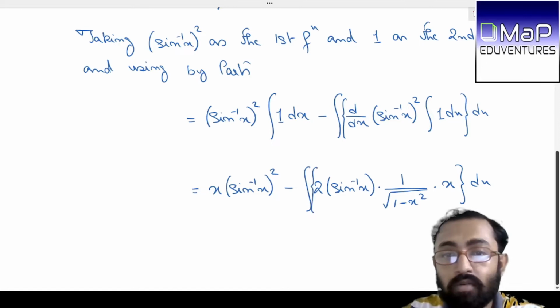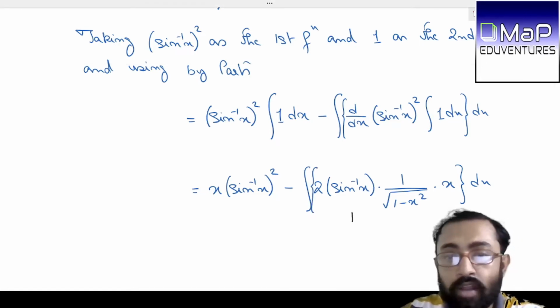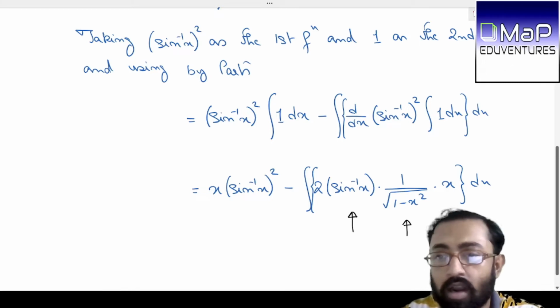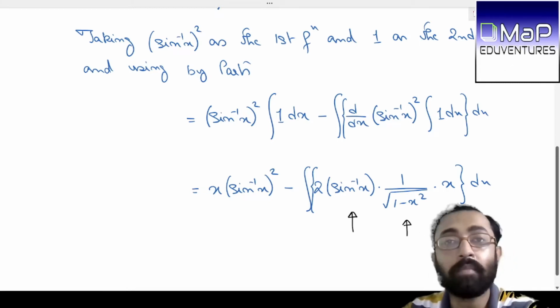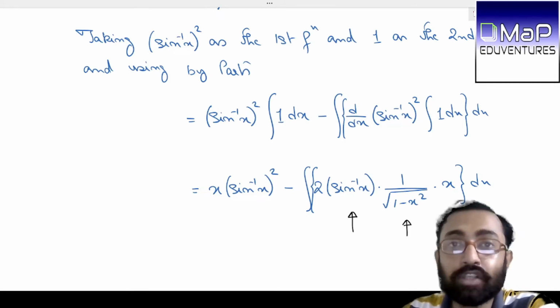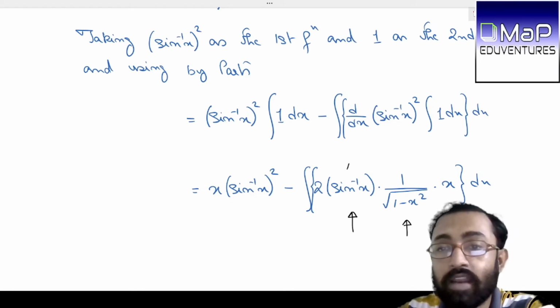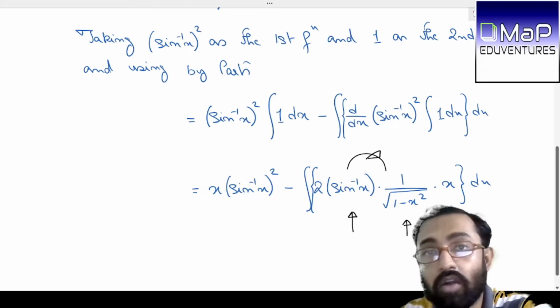All right, now let us observe this second part. If we closely observe, you will get 3 terms: sin inverse x, 1 by under root 1 minus x square, and x. Differentiating sin inverse x, we will have 1 by under root 1 minus x square.